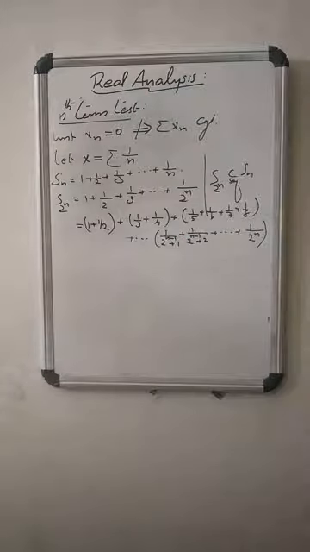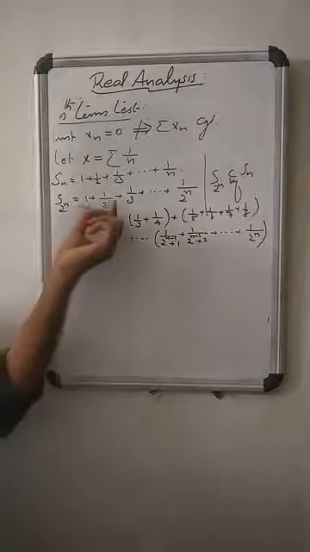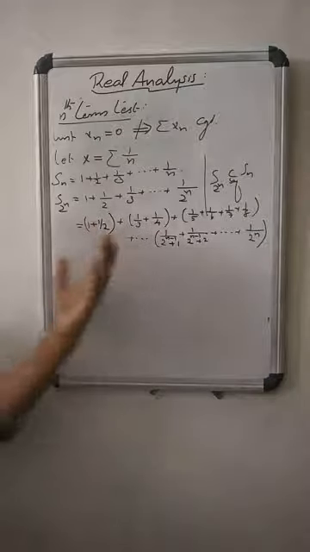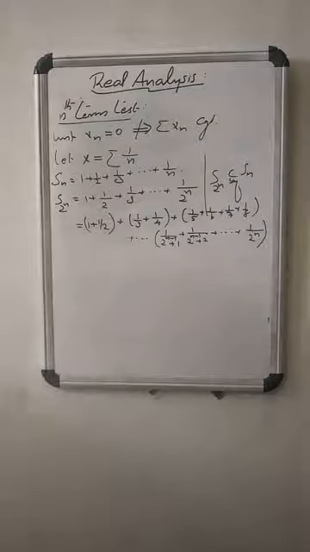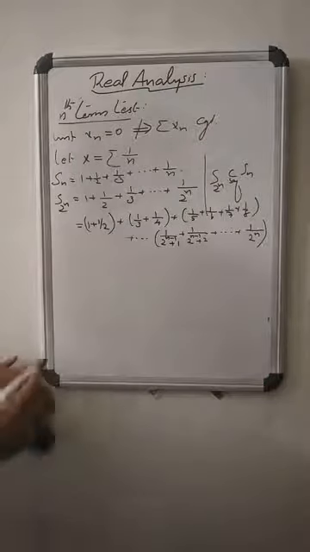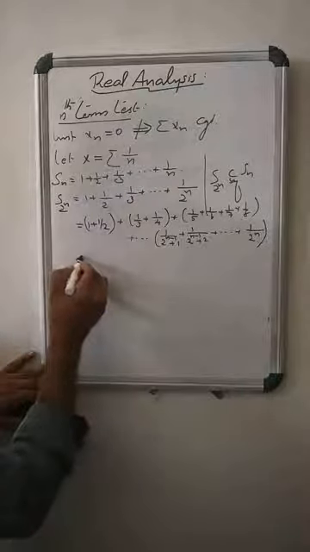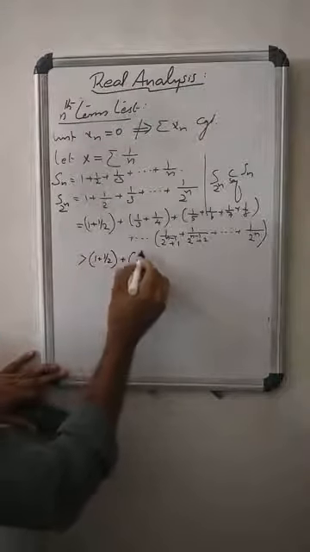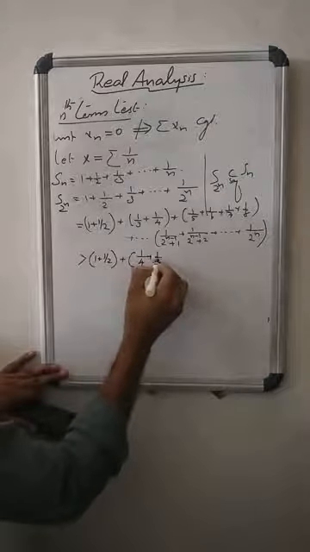So this S2 power n is 1 plus 1 by 2 plus 1 by 3 plus etc. plus 1 by 2 power n. That is arranged in this way: 1 plus 1 by 2 plus 1 by 3 plus 1 by 4 plus 1 by 5 plus 1 by 6 plus etc. and so on. So it should be strictly greater than 1 plus 1 by 2 plus 1 by 4 plus 1 by 4.